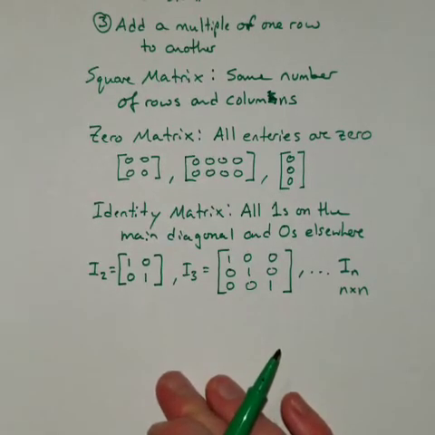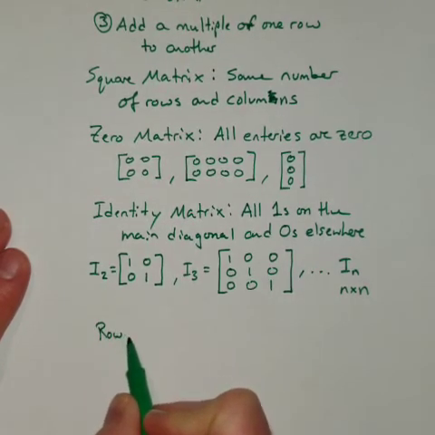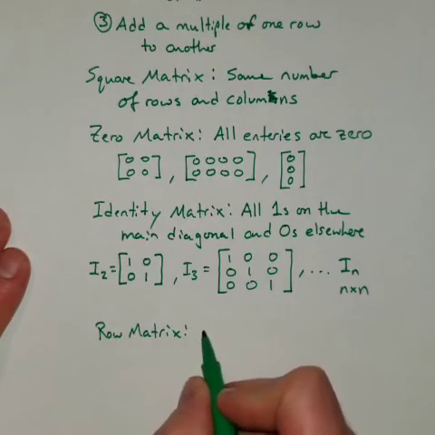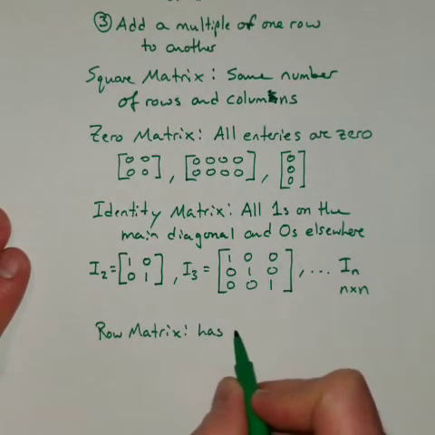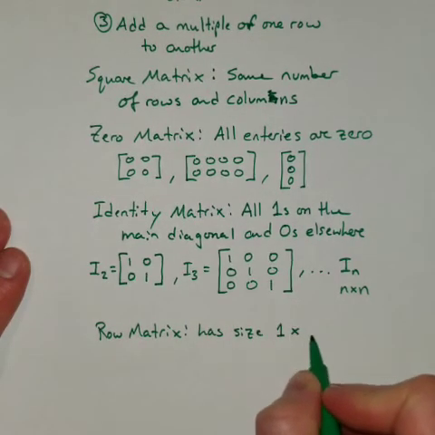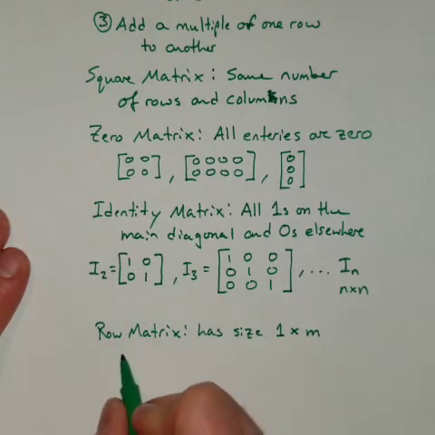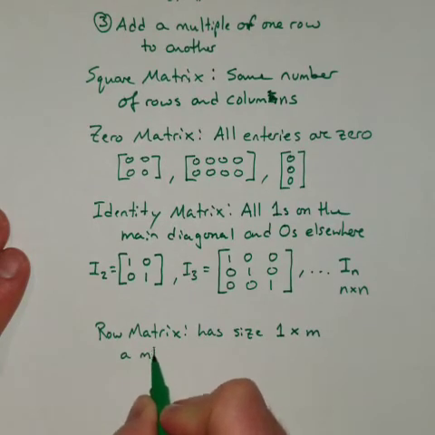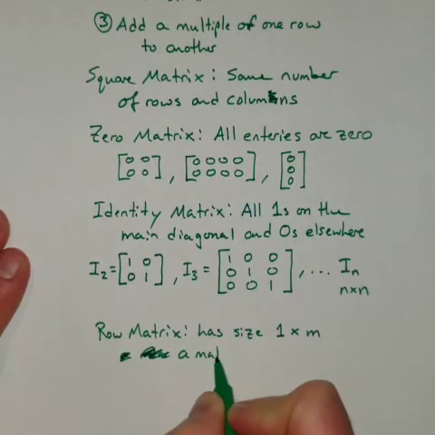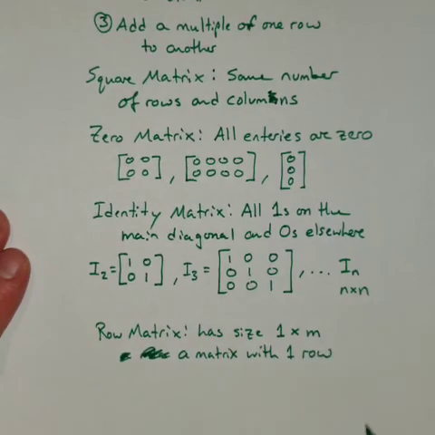Okay, so then we're also going to talk about something called a row matrix. Basically it has size 1 by m. In other words, it has one row. A matrix with one row.